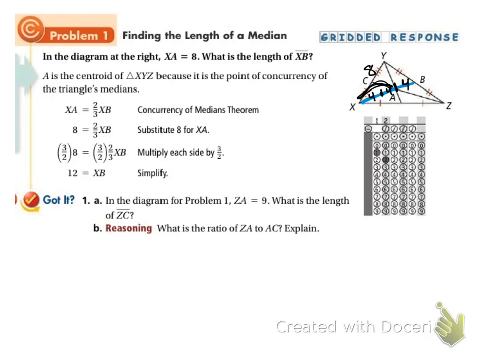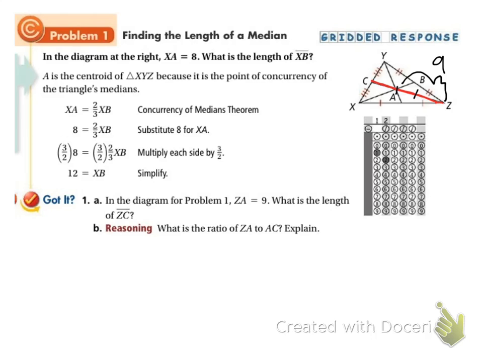So let's try another one on our own down here. It says in the diagram, ZA is equal to 9. ZA, let me highlight it again. This is my whole segment I'm looking at. Split it into thirds. ZA, this whole bit, is 9. And they want to know what is the length of ZC, the whole thing.